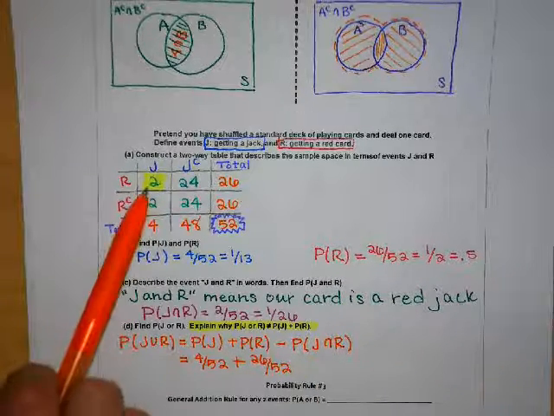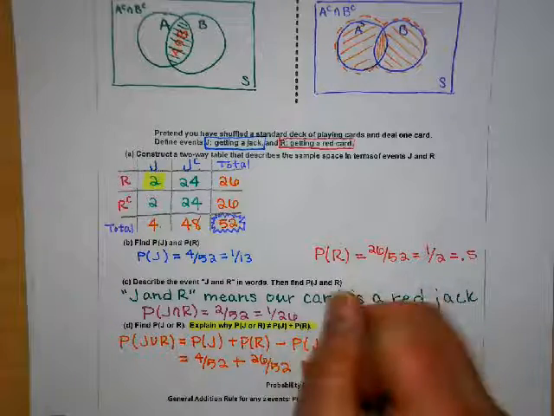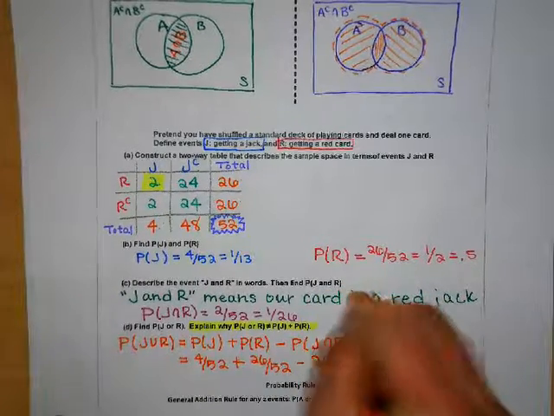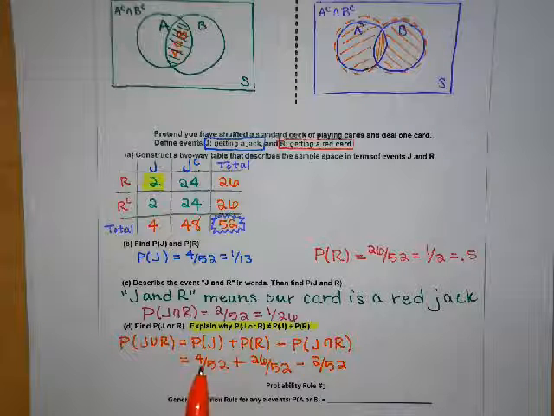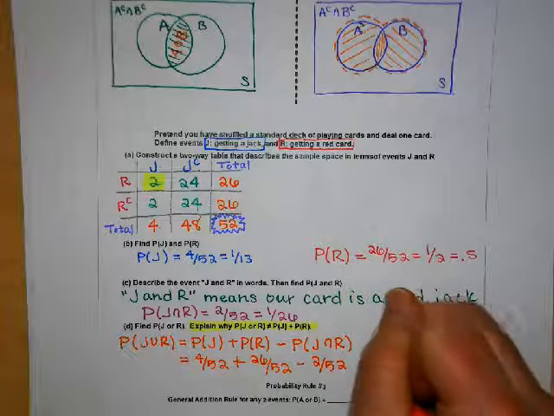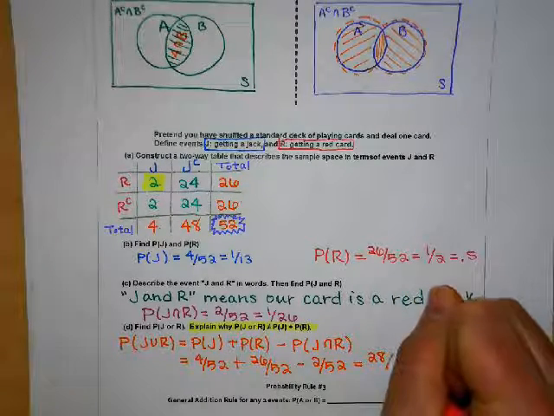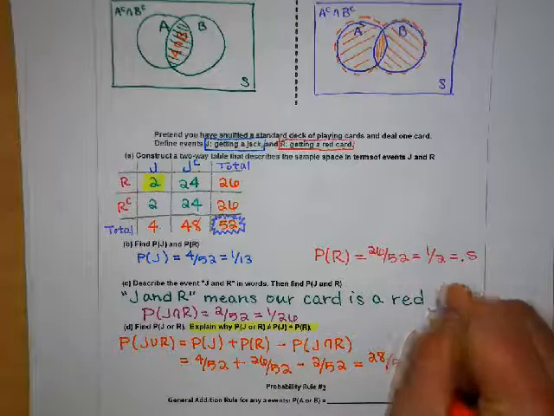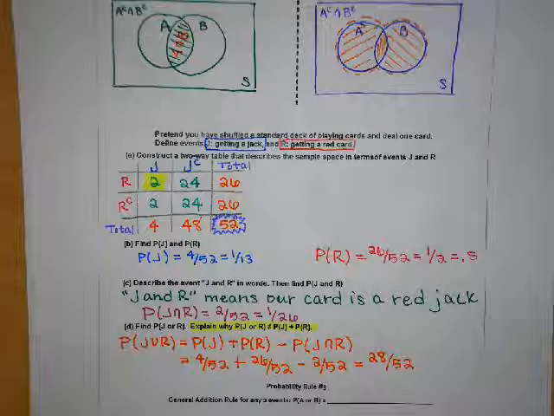So we're going to subtract 2 out of 52. So 4 plus 26 is 30, minus 2 is 28. So the probability of J or R is 28 out of 52. They're both divisible by 4, so 7/13.